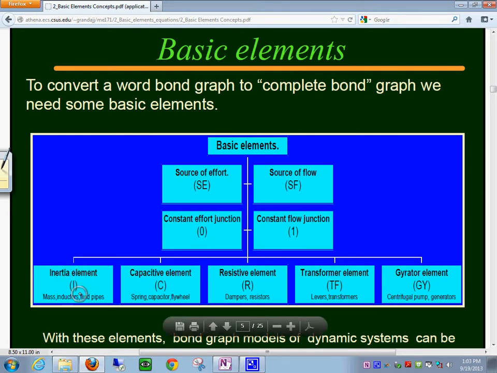This is an inertia element, the element I. This is the capacitor element C. Then you have the resistive element R. One stores kinetic energy, the other one stores potential energy, this one dissipates energy. And the two transformers.